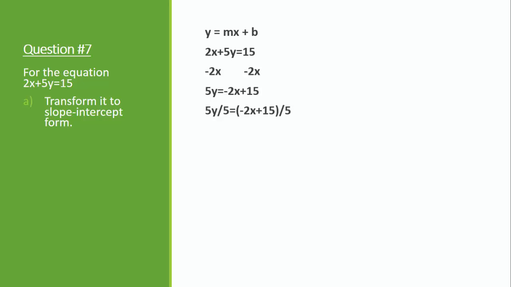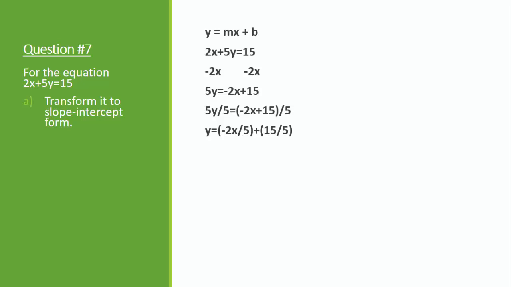So 5y divided by 5 is equal to the whole right side, negative 2x plus 15, the quantity divided by 5. You can also write that as y is equal to negative 2x divided by 5 plus 15 divided by 5.